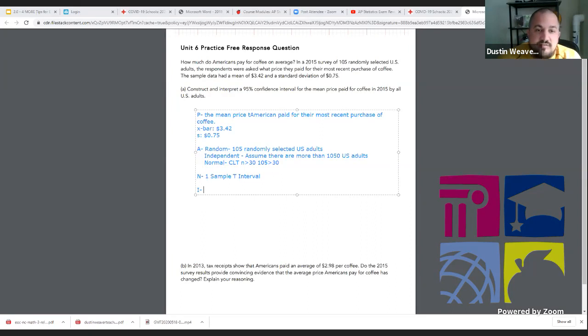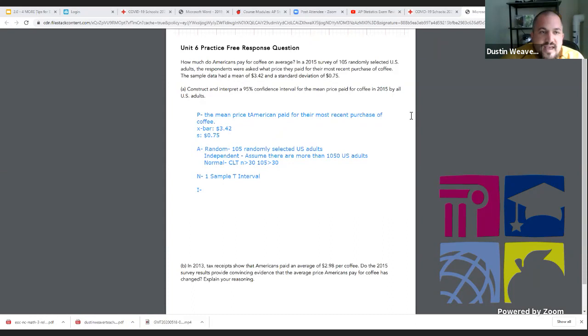Now, here's going to be our interval. So we're going to go to the calculator, and on your calculator go to stat and over to test, and go down to t interval. Here you would like to put in the stats. So the x bar is $3.42, and the sx is 0.75.